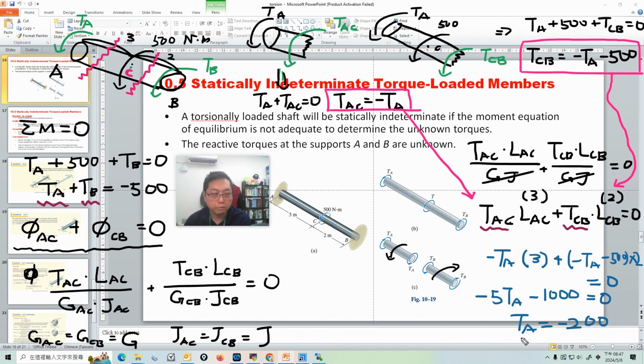And what's T_B? Because T_A plus T_B is minus 500, you have T_B equal to minus 300. So what does this answer tell you?